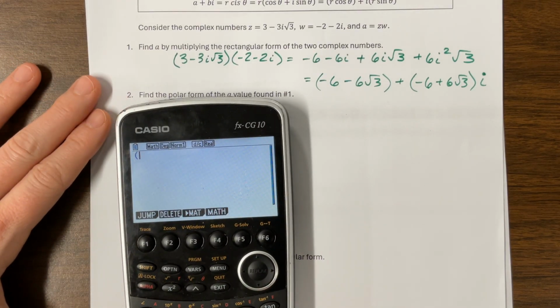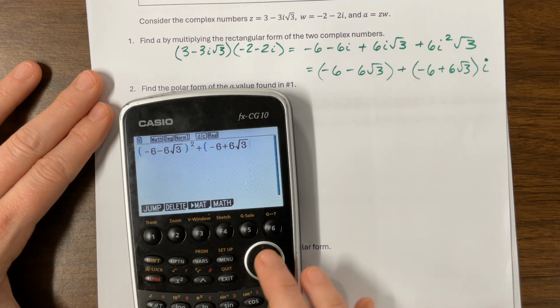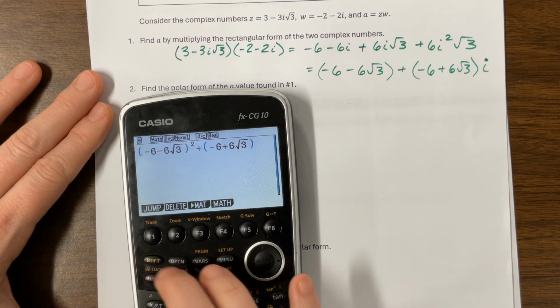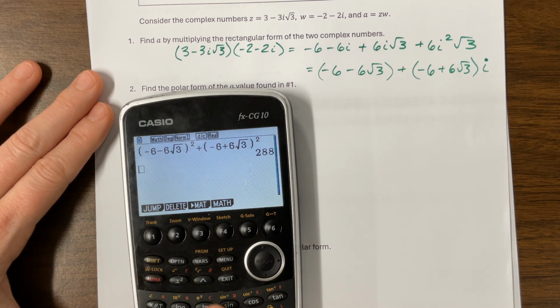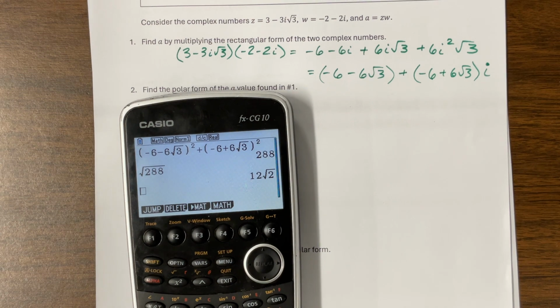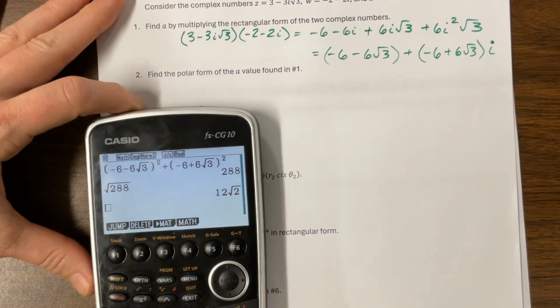If I take negative 6 minus 6 root 3, and I square that, and then I add negative 6 plus 6 root 3, close parentheses, and I square that. Oh, that's nice, actually. The square root of 288 is going to be 12 root 2. Well, isn't that convenient?